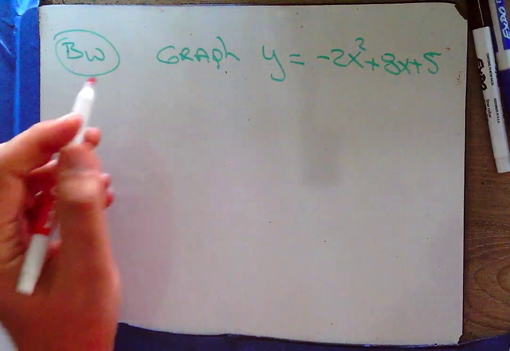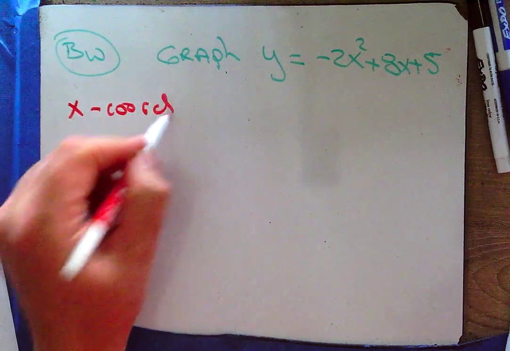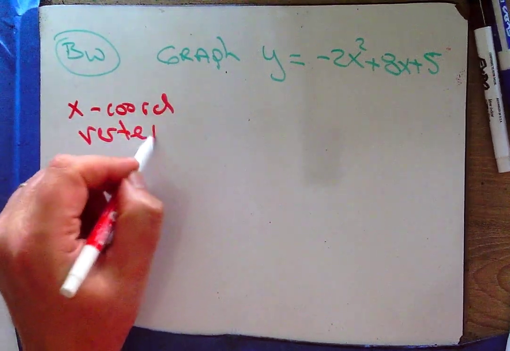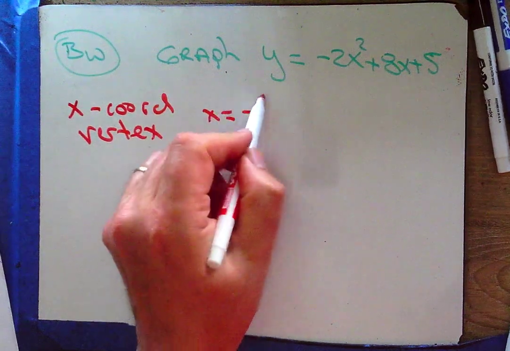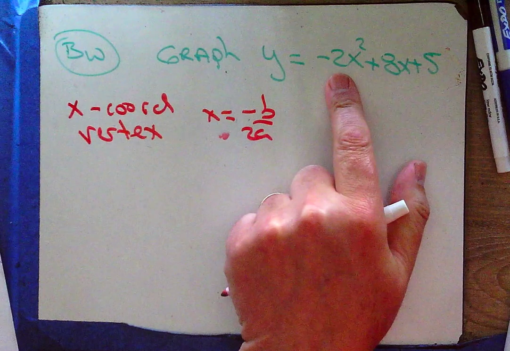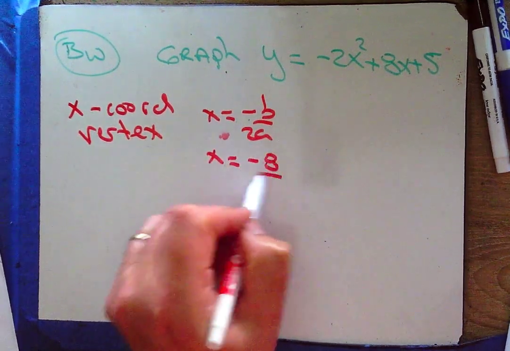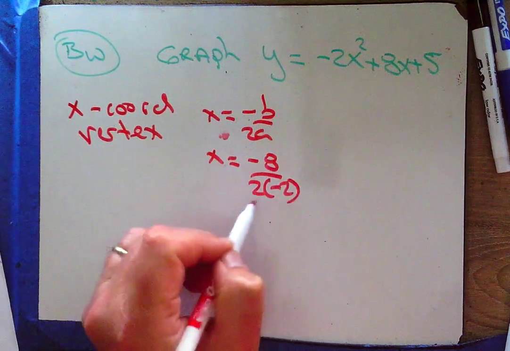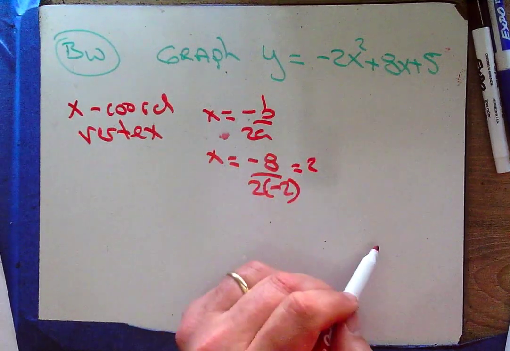Hey, welcome back. So I know that I find the x-coordinate of the vertex by doing x equals minus b over 2a. My b value is 8, my a value is negative 2. So that's going to be x equals negative 8 over 2 times negative 2. So that's negative 8 divided by negative 4, which is 2.